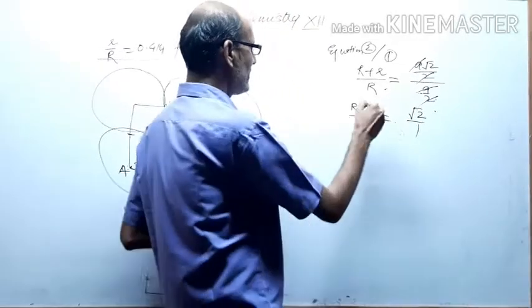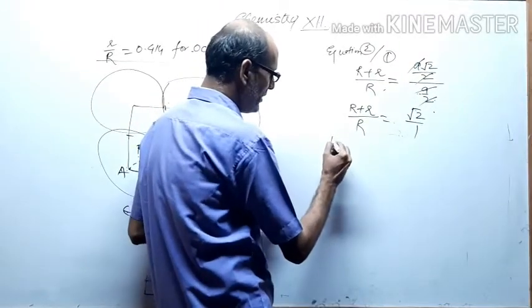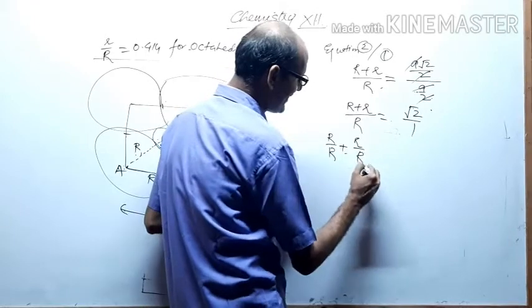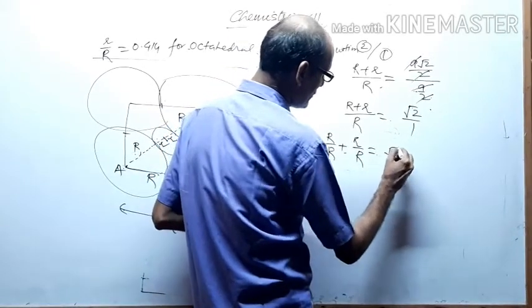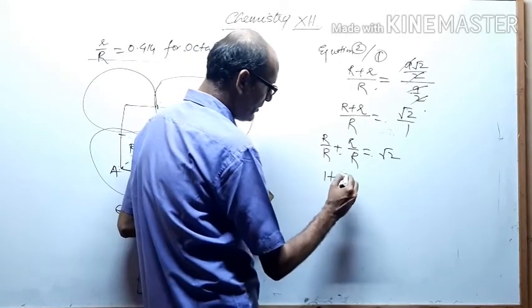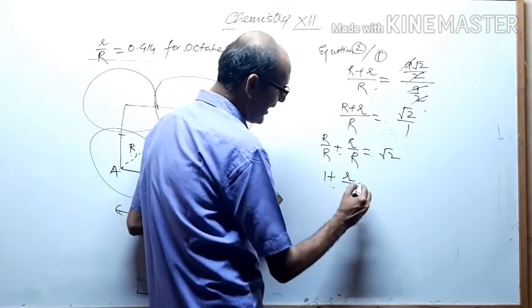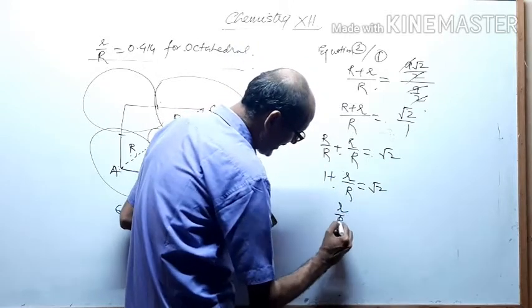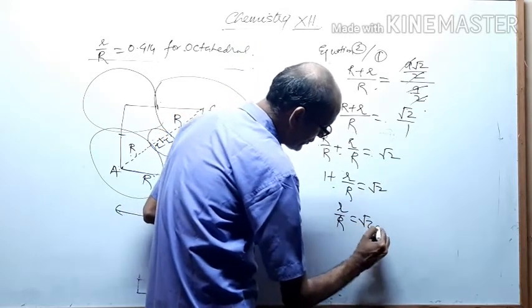On splitting this side, R upon R plus small r upon capital R is equal to root 2. This will be 1 plus r upon capital R is equal to root 2. So r upon capital R is equal to root 2 minus 1.